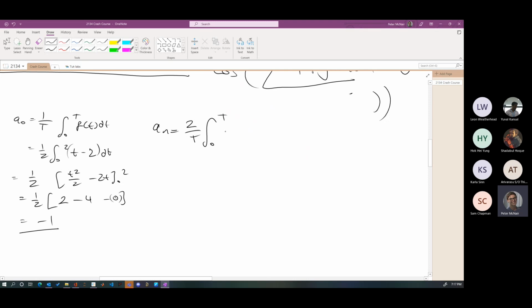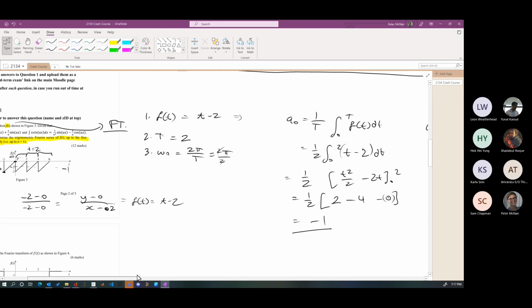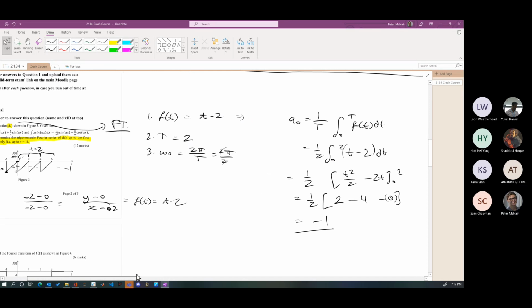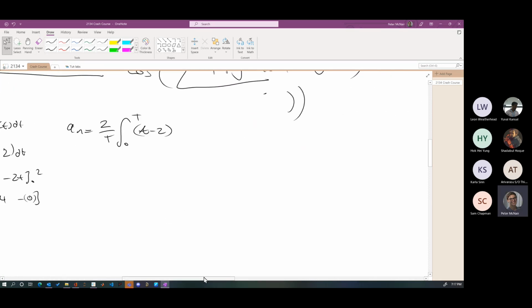F of t is our t minus 2. And then we're also multiplying by cos of n omega naught t dt.